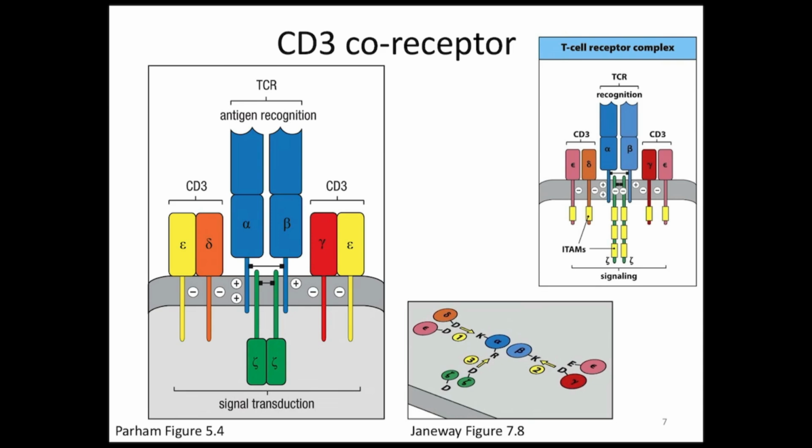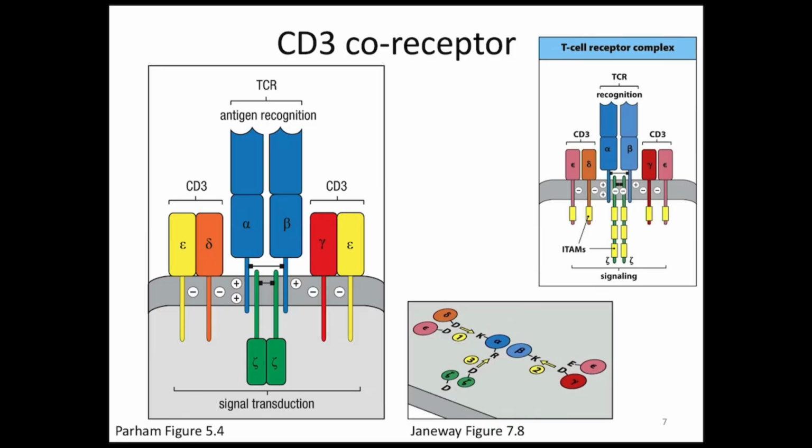So in this image in the upper right, you can see these yellow boxes in the cytoplasmic tail of CD3. So you can see that epsilon has one yellow box, delta has one, gamma has one, this copy of epsilon has one, and zeta has 3 each.